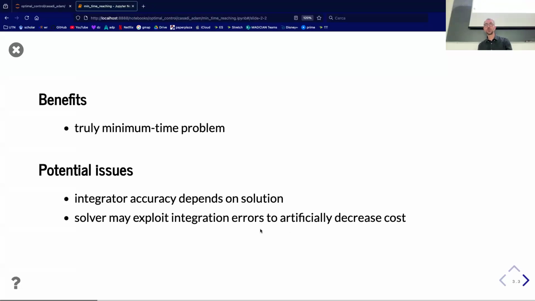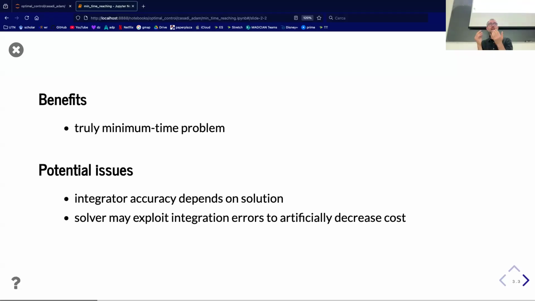And I think that's much more of an issue if you have an independent time step duration for every time step, because then the solver could make certain time steps very small while others are very large. And that means that at certain time steps, you have a very small integration error, and at others, you have a very large integration error.